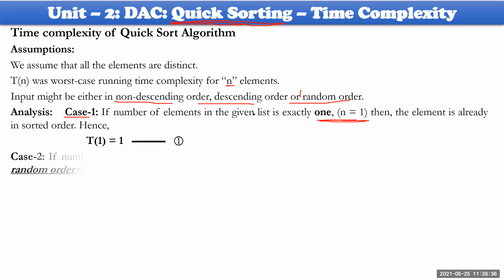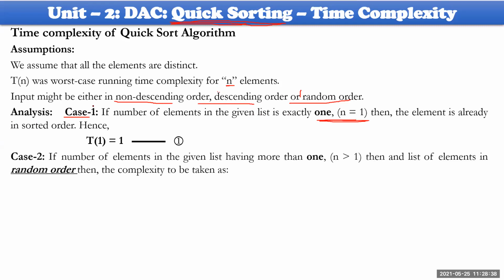Then case 2, only two cases are here. The list has more than 1 element, that is, n is greater than 1, in any order; order is not important for us. Then T of n equals T of n by 2 plus T of n by 2 plus Cn.